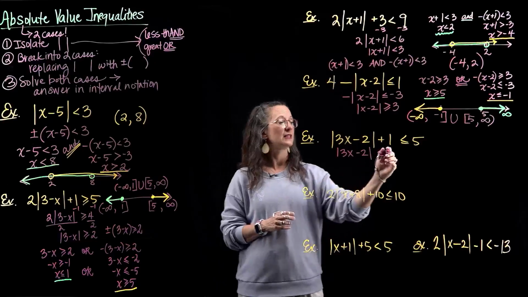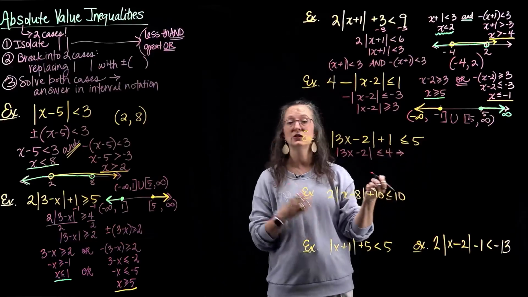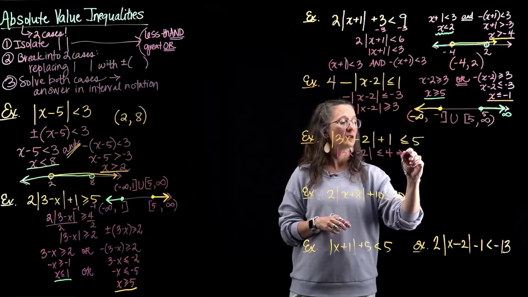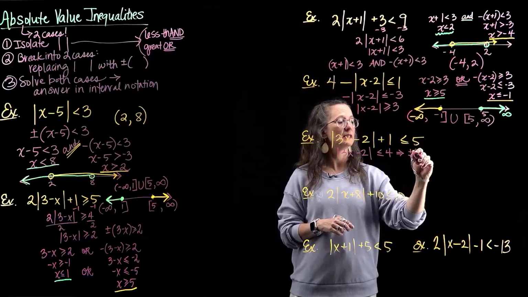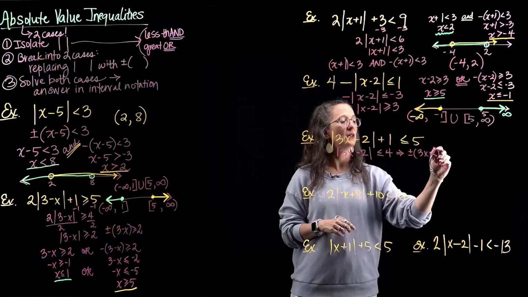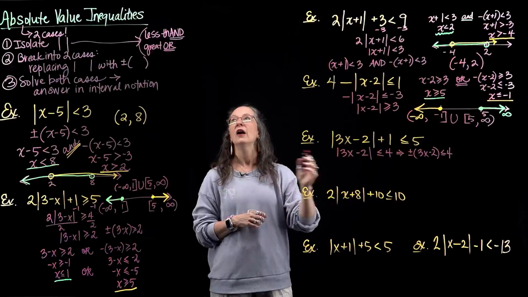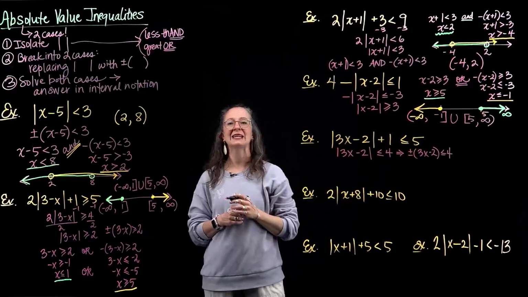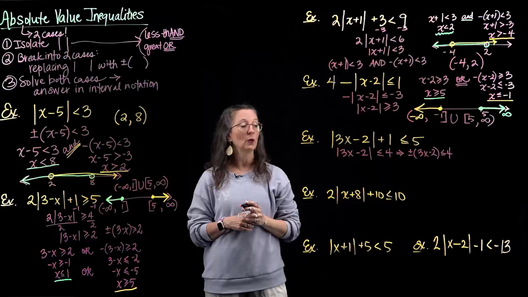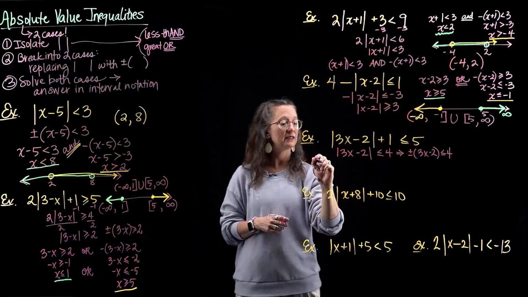All right, this is going to be broken up into two cases, plus and minus parentheses, 3x minus 2 less than or equal to 4. All right, we have a less than situation, so we'll have and between the two cases.